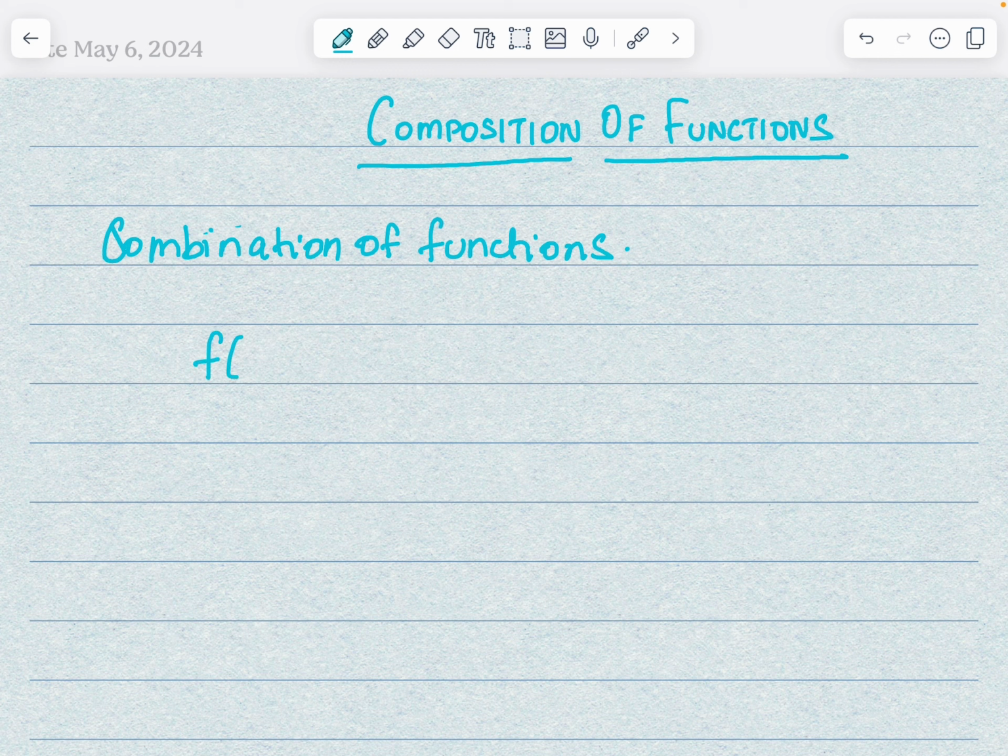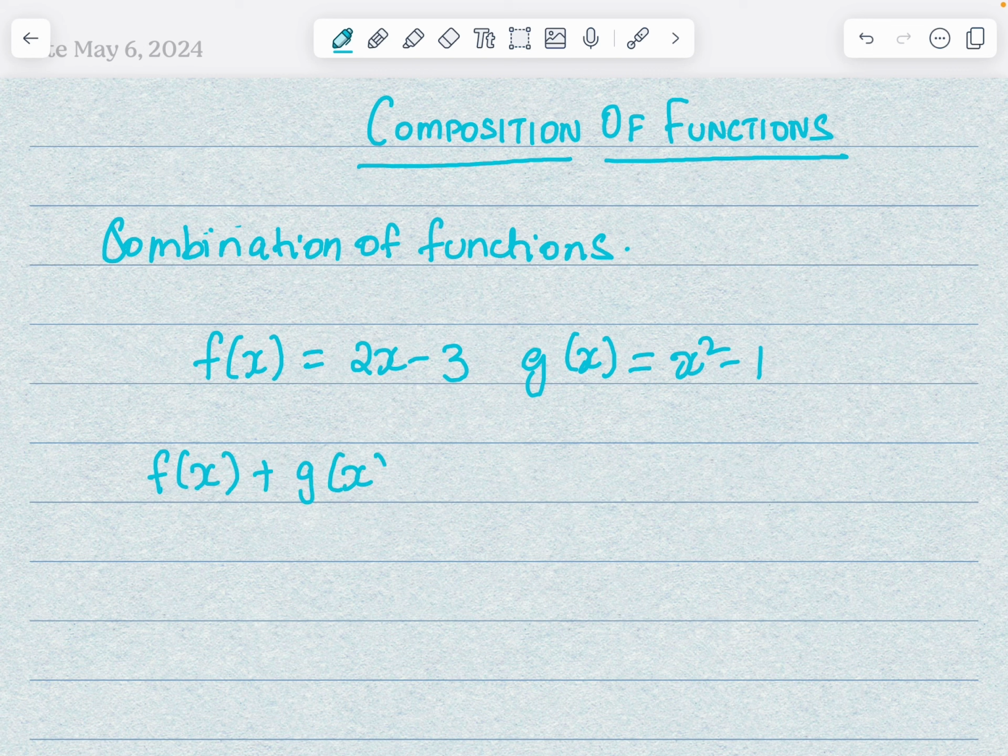Suppose I have a function f of x is equal to 2x minus 3 and g of x is equal to x squared minus 1. I can do all of the mathematical operations. Like I can do addition, and that's going to give me 2x minus 3 plus x squared minus 1.